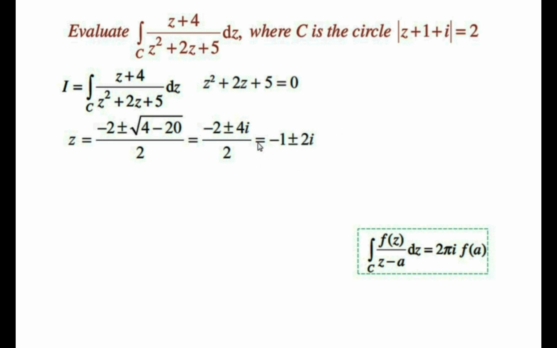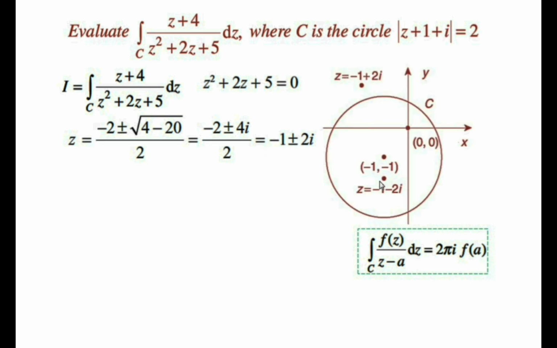We have obtained two singular points: negative 1 minus 2i and negative 1 plus 2i. Verify which singular point lies inside the closed curve and which singular point lies outside the closed curve C. Here we are given that the curve C is the circle with center at -1, -1 and radius of 2 units.